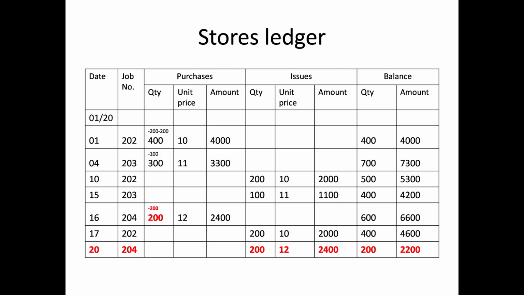Amount 4600 minus 2400, it's 2200. Now we have finished the stores ledger. We need to answer some other parts by looking at this stores ledger now.